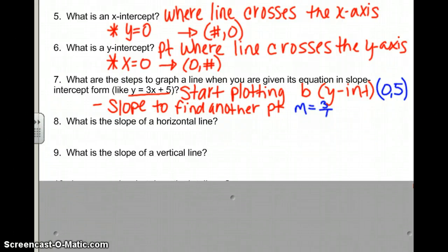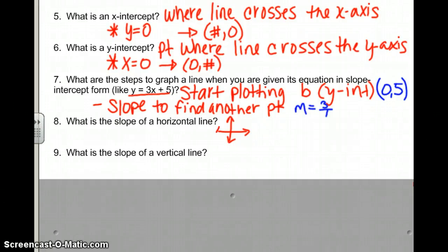And just to go over some special lines, what is the slope of a horizontal line? So let's think about it. If we have a coordinate plane, x and y-axis, and we have a horizontal line, here's that horizontal line. Think about the axes that it's going through. It's going through the y-axis. Think about the slope of it, the rise and the run.